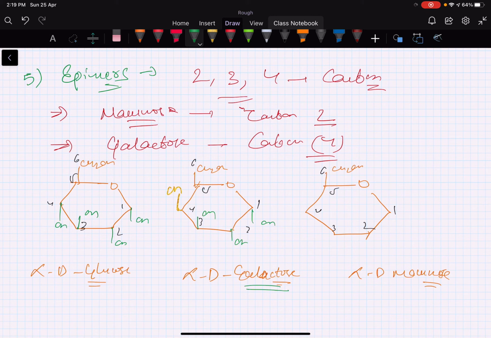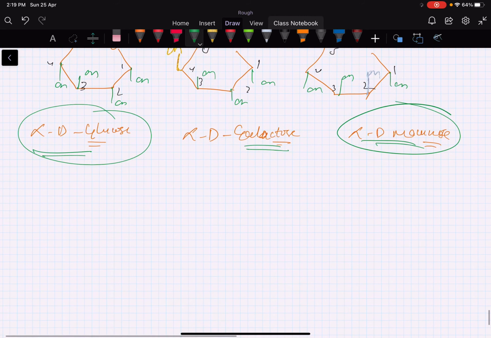Whereas mannose differs at carbon number 2, so it will have OH, OH, OH, and OH. These are epimeric forms of glucose.